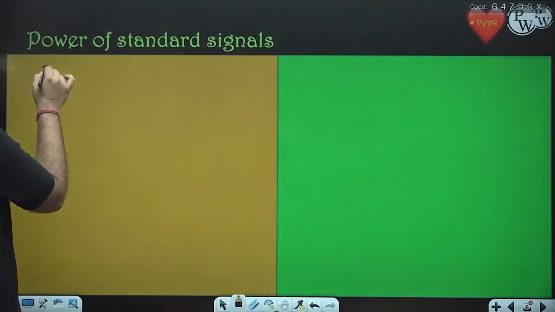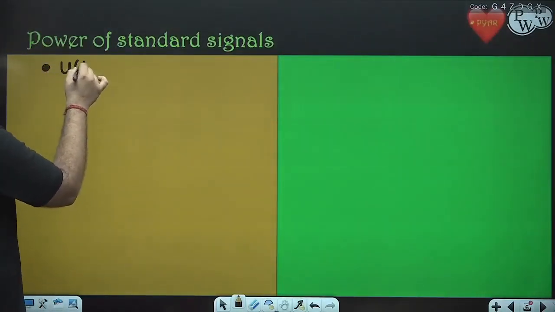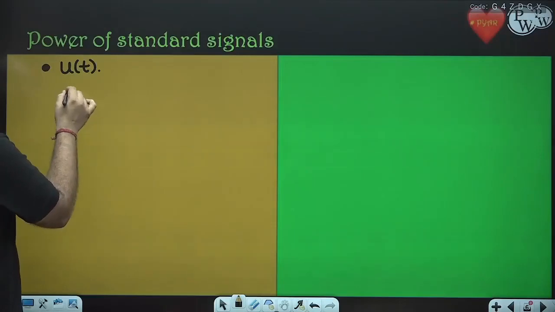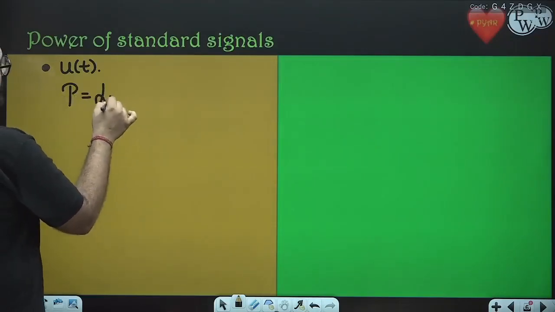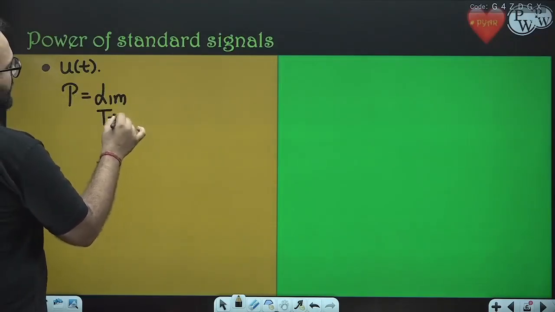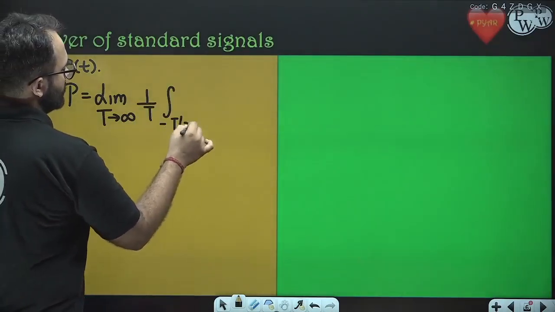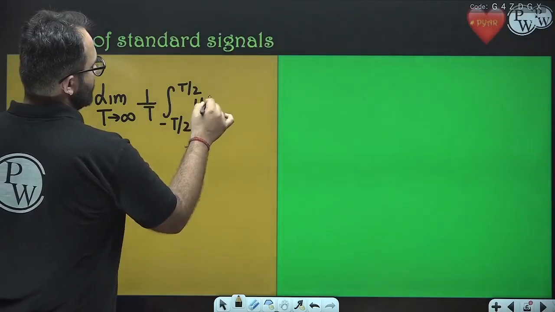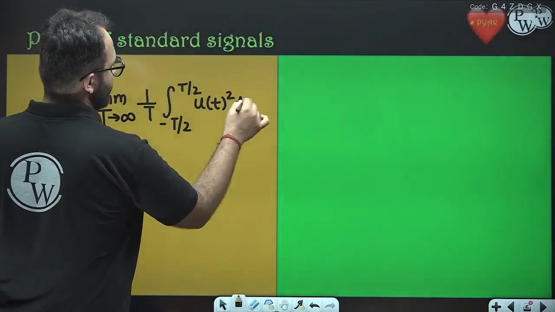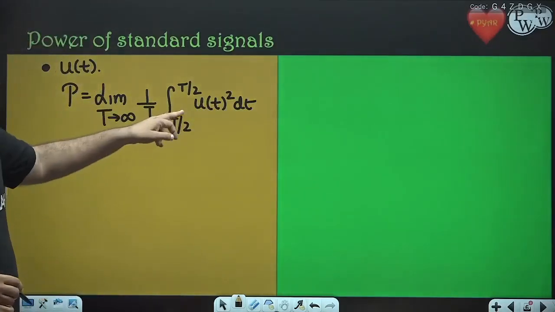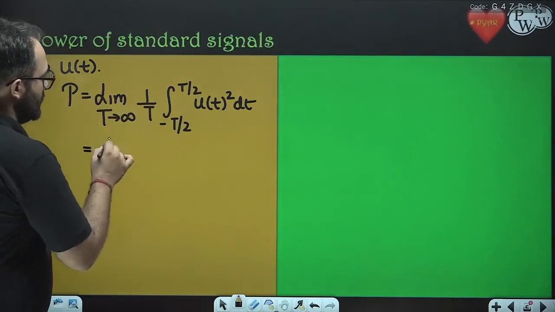So let us take u(t) as an example. Power of u(t) will be using the formula: limit T tending to infinity, 1 upon capital T, integration from minus T by 2 to T by 2 of u(t) square dt. Now since there is u(t), the integration will be from 0 to something, right?